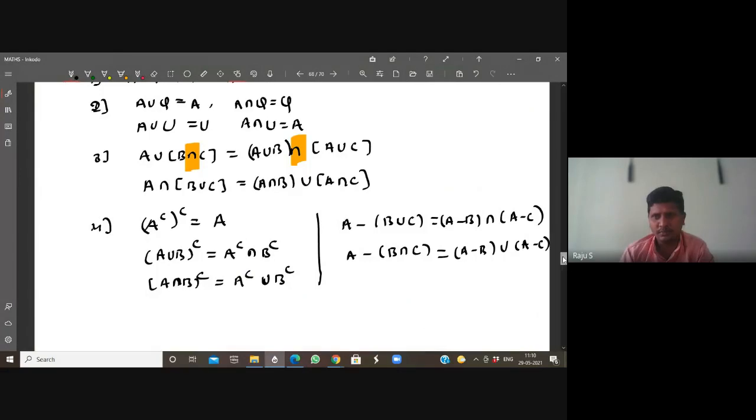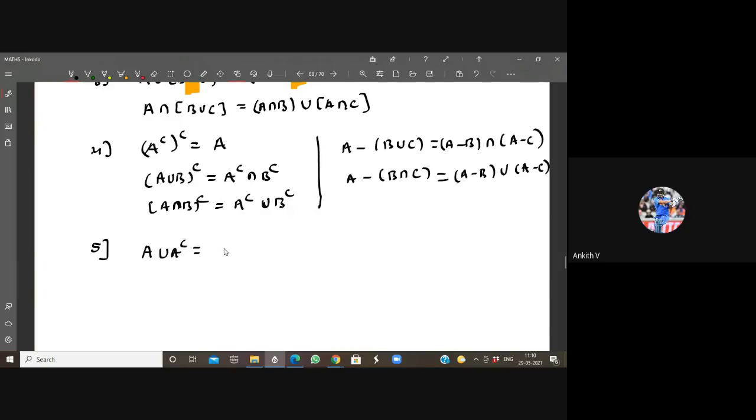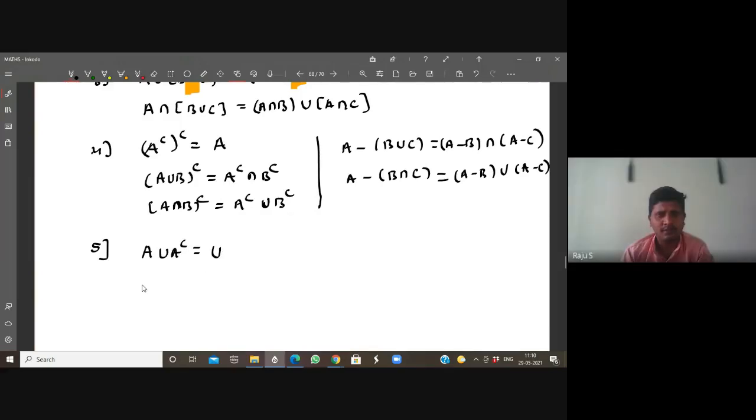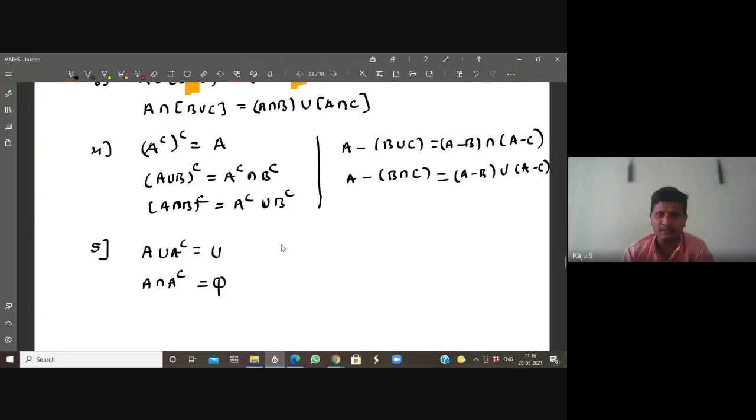Properties. Next, the fifth one. What is A union A complement? Universal set. A intersection A complement? Null set. Very good.